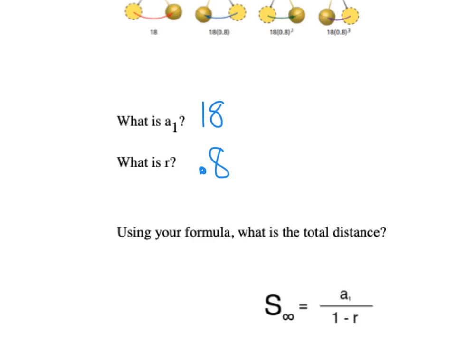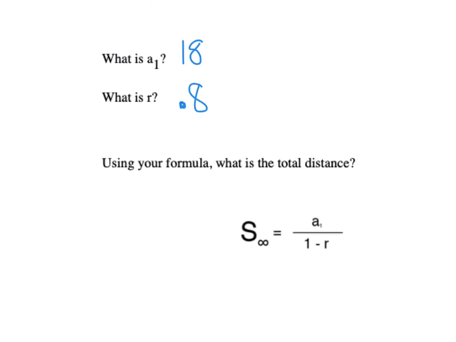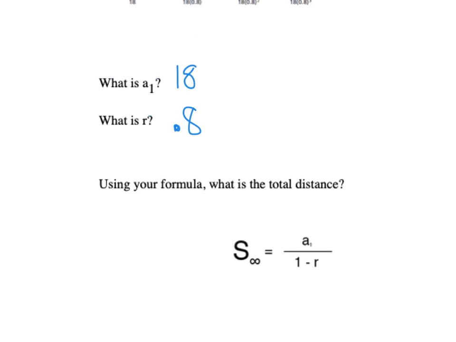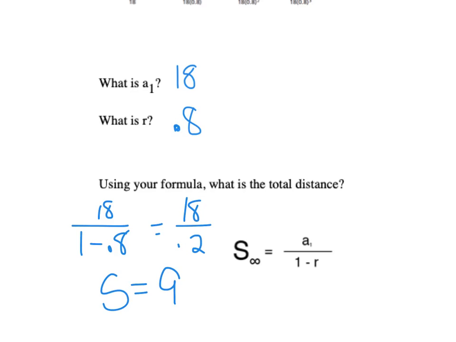So in order to find the total distance, if we calculated every time it swings back and forth, it's going to swing a little bit shorter every time, and the total distance would be a sub 1, which is 18, over 1 minus 0.8, and you can put these into the calculator. 18 divided by 1 minus 0.8, which is 0.2, so the total distance it travels, the sum, is 90 inches.